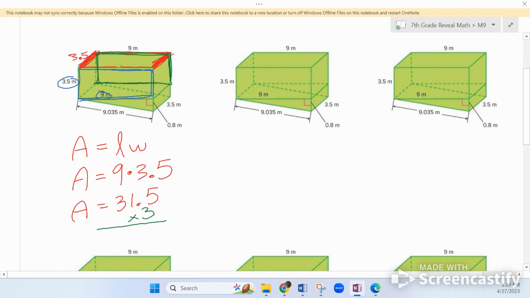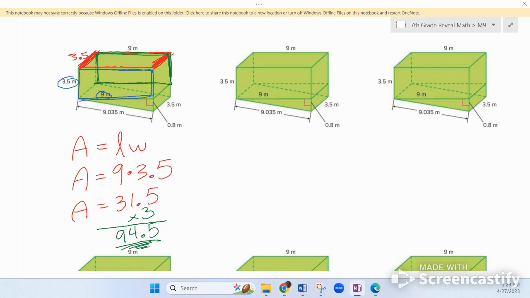And then who's got the answers to that? 94.5. And I'm going to underline it a couple times to remind myself that I need to use that at the end. All right, so we took care of 3 of the outer 2D shapes.